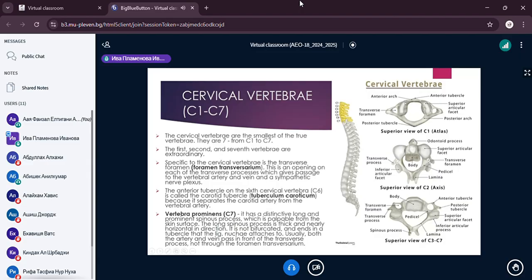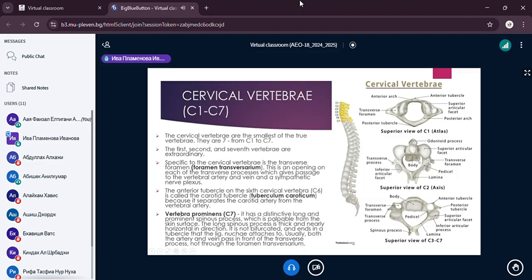On the inner surface of the anterior arch, we have an articular surface for dens axis. We have massa lateralis instead of body, and transverse process with transverse foramen.